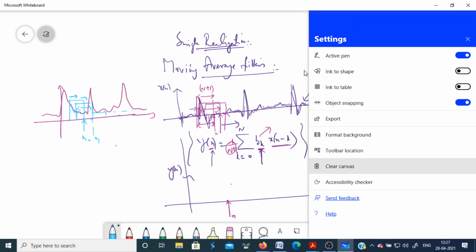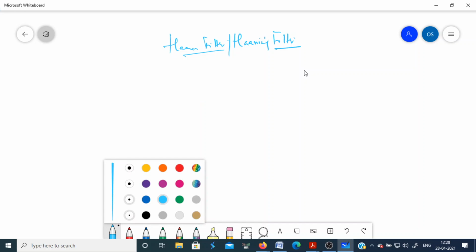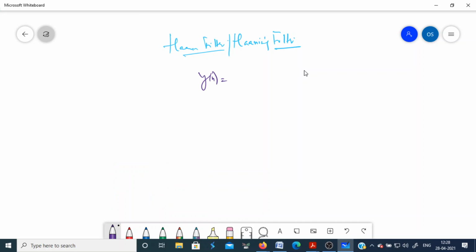Now one very important filter that is generally used for biomedical signals is the Hann filter, or we call it the Hanning filter. The output in this filter is generated using 1 by 4 times x of n plus twice x of n minus 1 plus x of n minus 2.